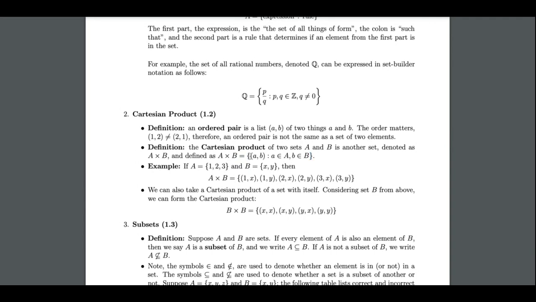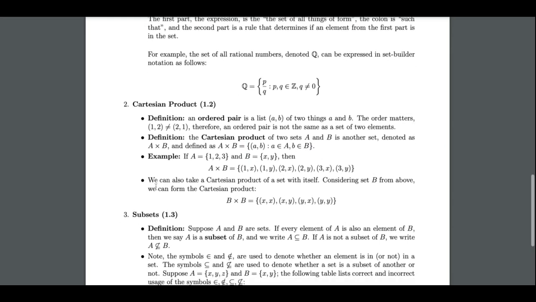And how the elements in this set are defined is by the set builder. It's saying the first member and the second member. The first member came from set A, and the second member came from set B. So little a is in big A, little b is in big B. So this is a Cartesian product.